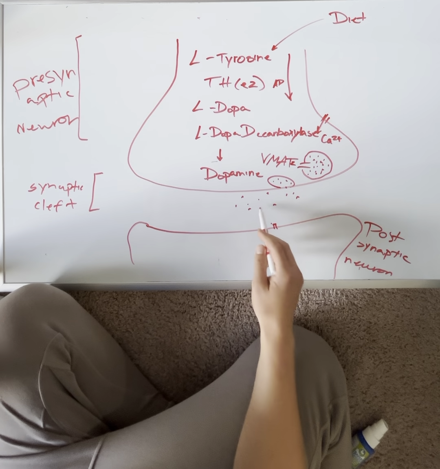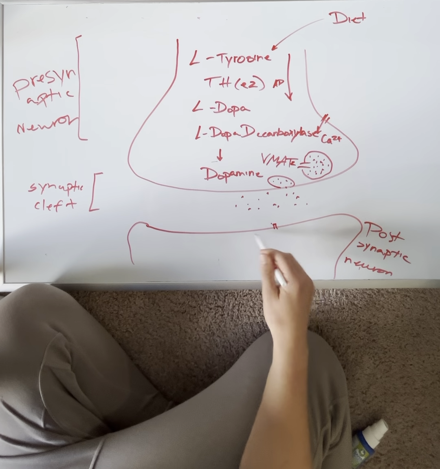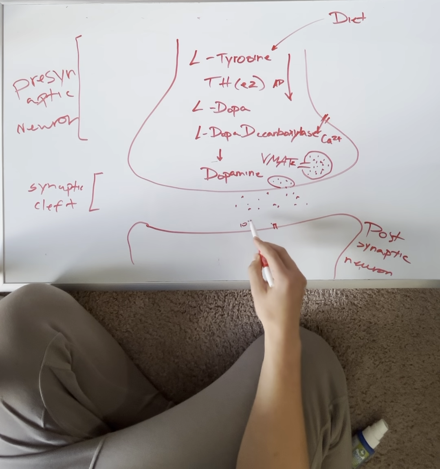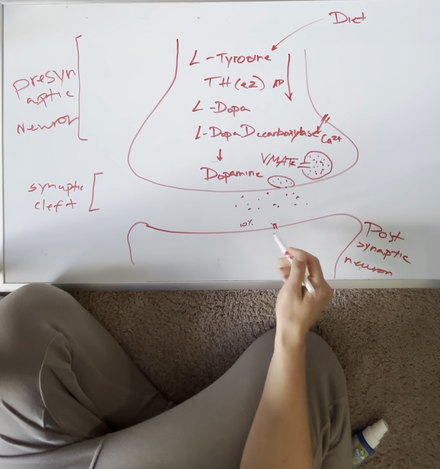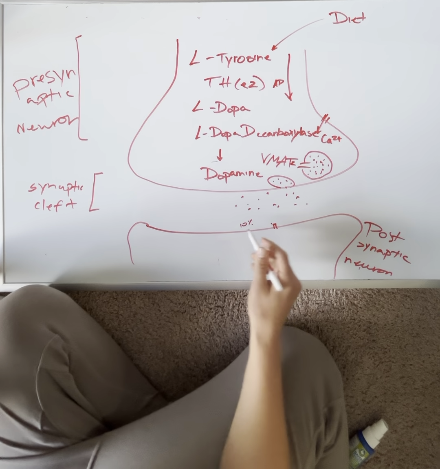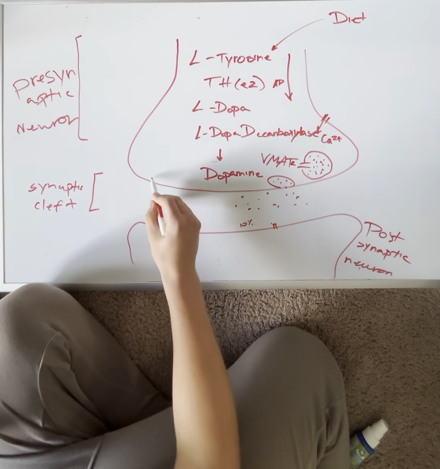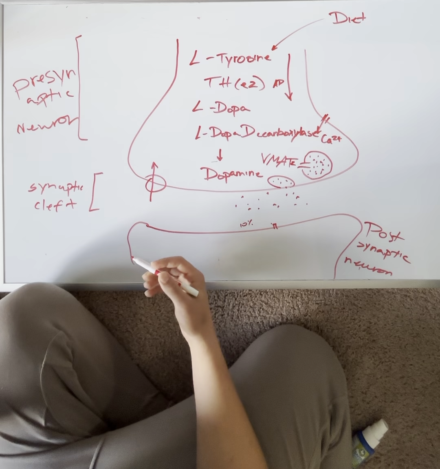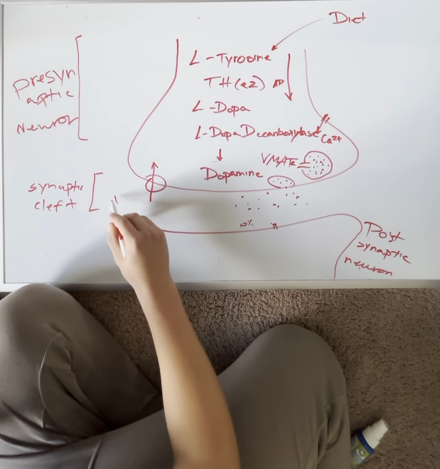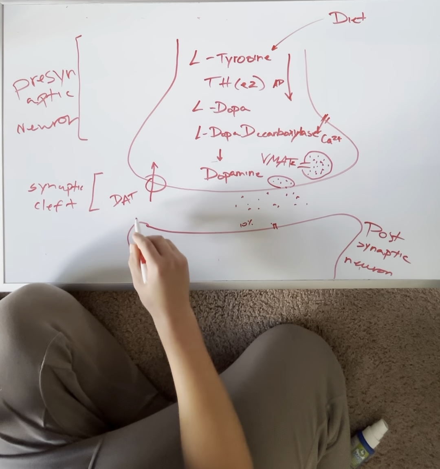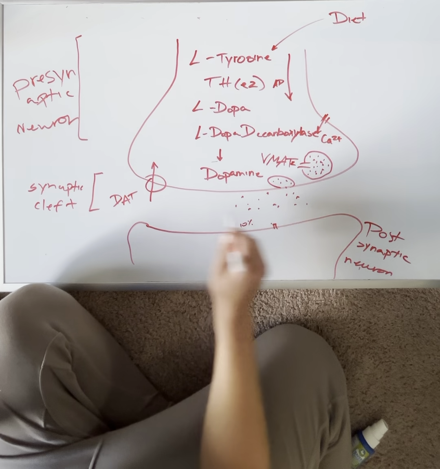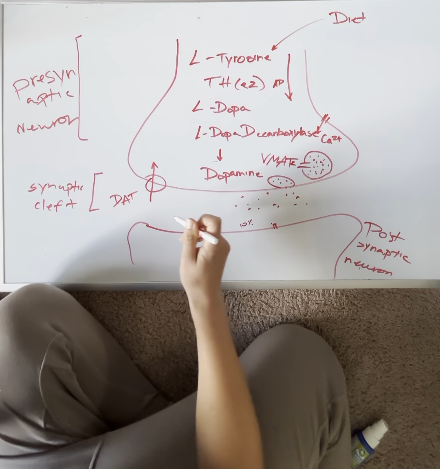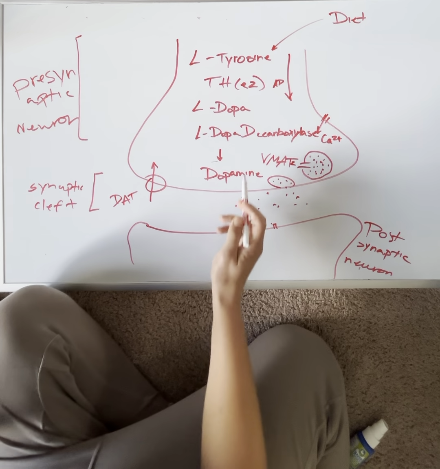See, when something is released from here, only about, I would say, 10% actually bind to these receptors. So where's the rest of it going? Well, right here, we have something called a dopamine transporter, abbreviated as DAT. So that thing basically takes up all the dopamine back into the presynaptic axon terminal.